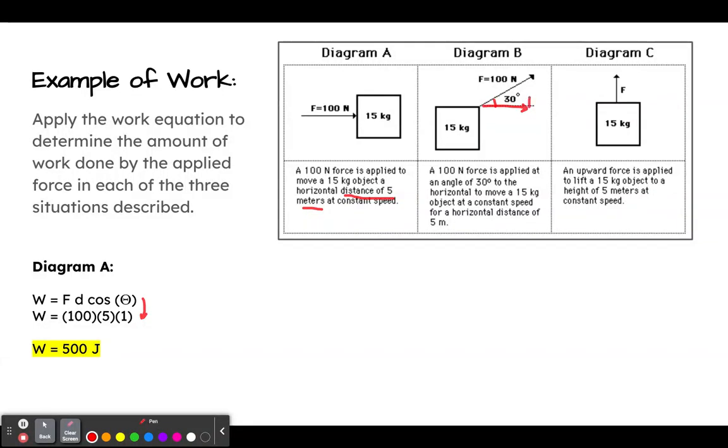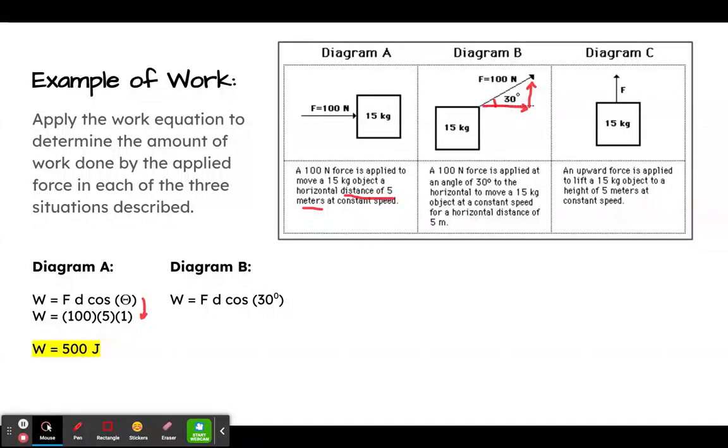We haven't really talked about it, but it's getting pulled in two different directions, which means we have to incorporate the cosine of theta. So for example B, we have force times displacement times the cosine of 30 degrees. Make sure that your calculator is in degree mode before you do this. I get an answer of 0.866, so it's 100 times 5 times 0.866, and you get an answer of 433 joules.